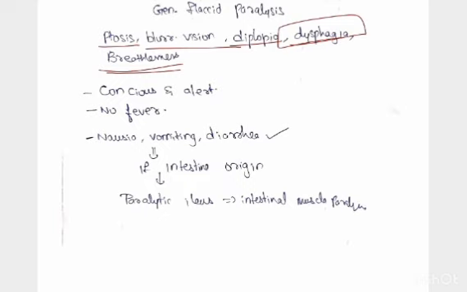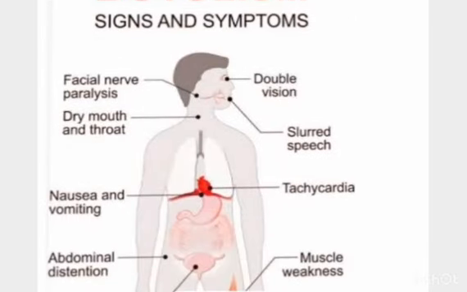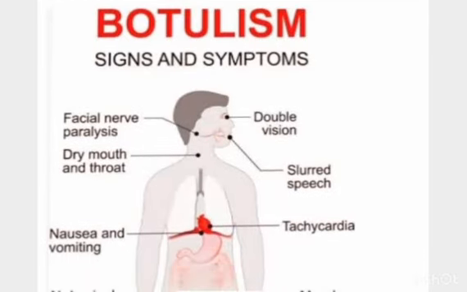In that case, you can see nausea, vomiting and diarrhea, which are the common GIT symptoms. Sometimes you can even see paralytic ileus. This is because intestinal muscle paralysis can also occur, which causes paralytic ileus. Here are the signs and symptoms of botulism.